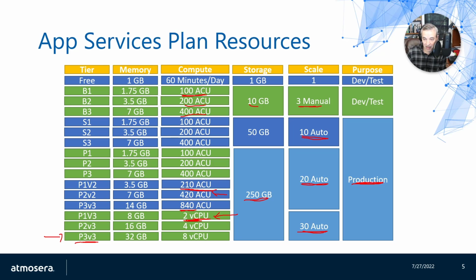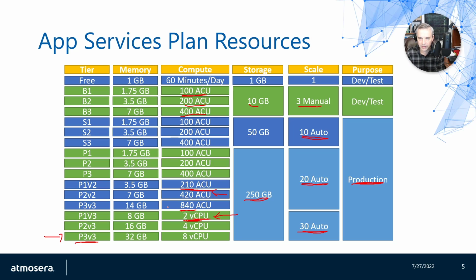Unless it's a large application that's getting tons of traffic, then I might just need a dedicated one-to-one correlation between my app service plan and my app service under the hood. Depending on what your needs are, we'll look at some examples of this in a minute, but that's really what these are intended for: here's your resources, carve it up depending on your app's needs.